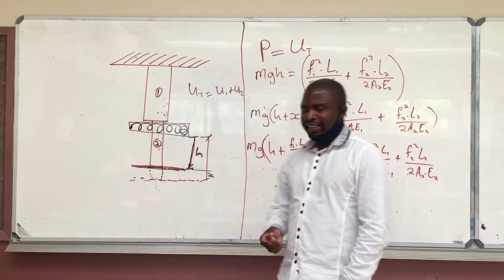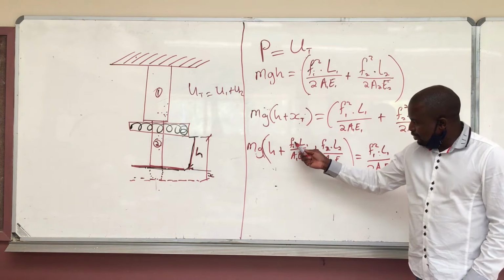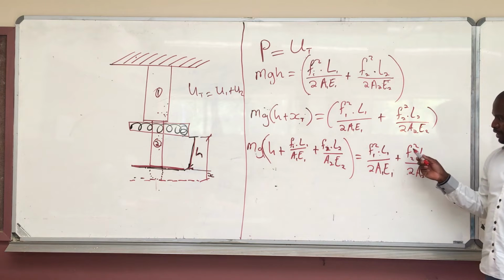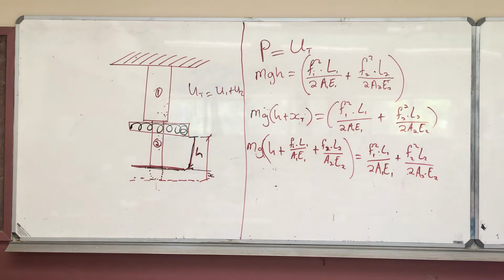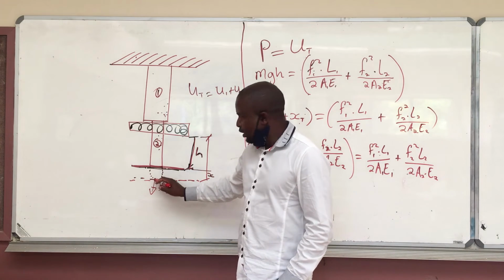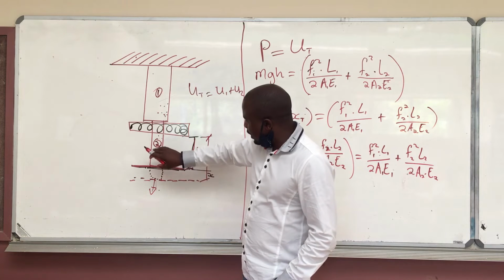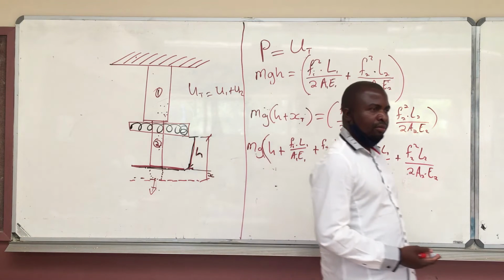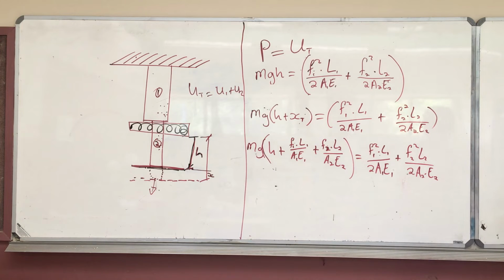So the question is, is this force the same as this force, and the same as that one, or are these forces different? They are the same, because that is the force being applied there, and it is exerted on this rod and on that one. The force is the same.